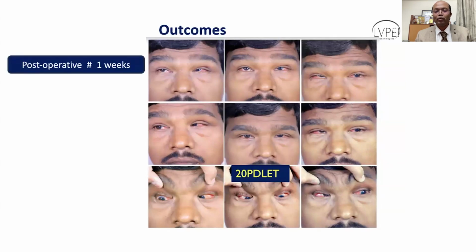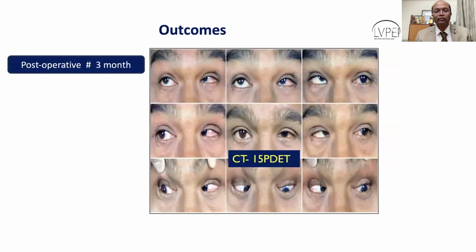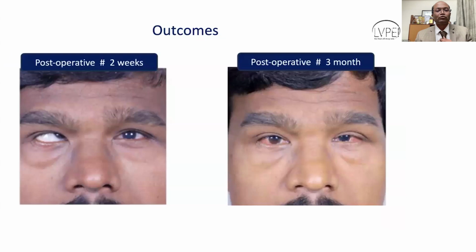It has improved to 20 prism diopter of esotropia, with quite an improvement in the abduction as well as the elevation. At 3 months, he had a residual of 5 prism diopter of esotropia and almost normal extraocular motility.